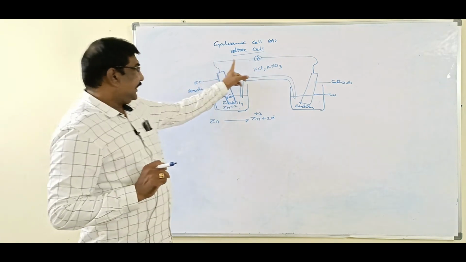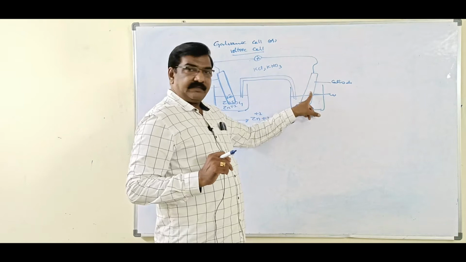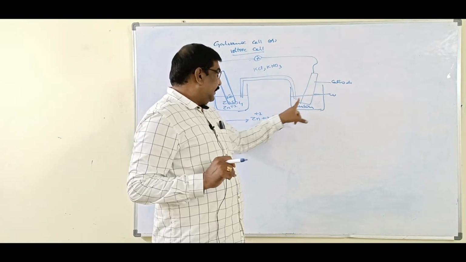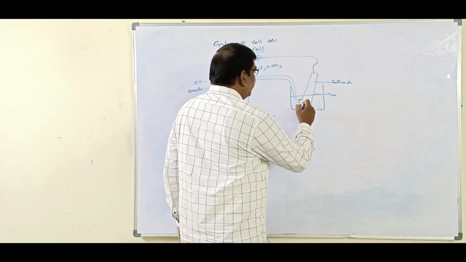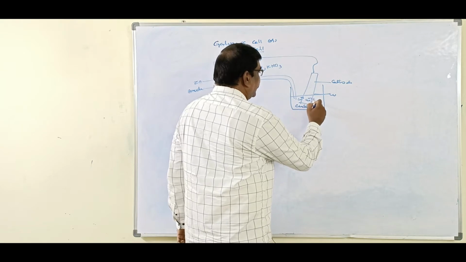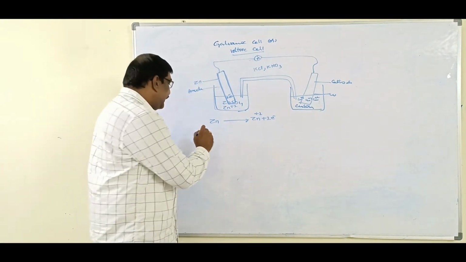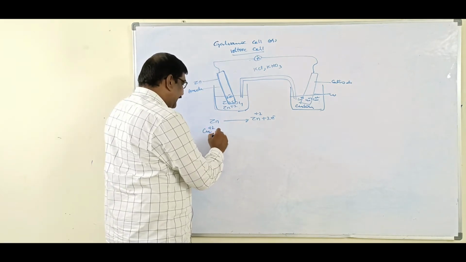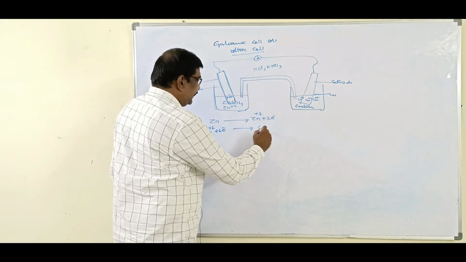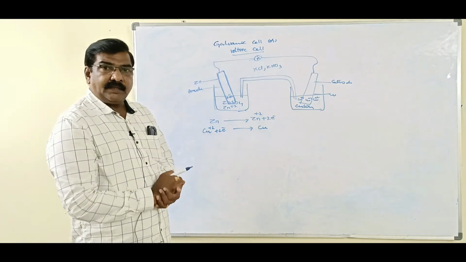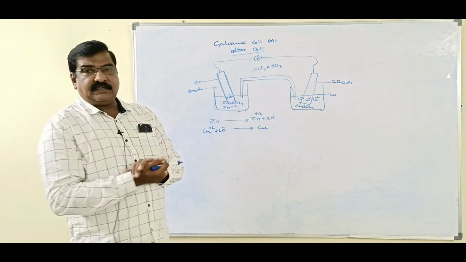And these 2 electrons are passed through this copper wire. Here Cu plus 2 ions are present on this copper plate. Each Cu plus 2 takes 2 electrons and becomes copper, which is deposited on the copper plate.